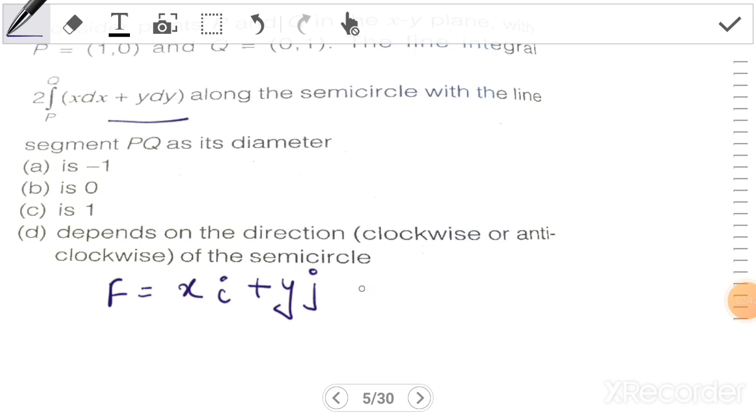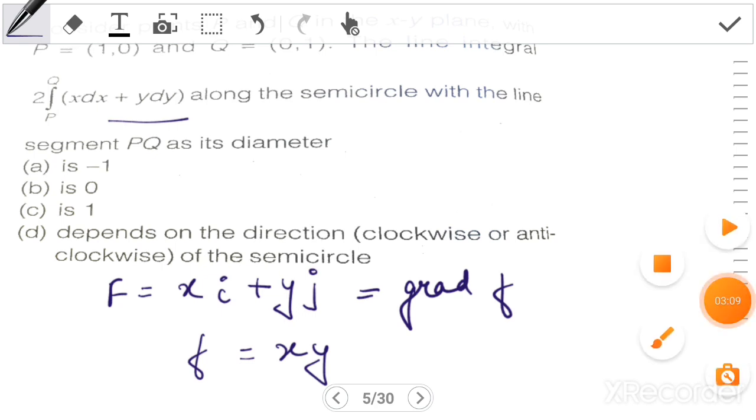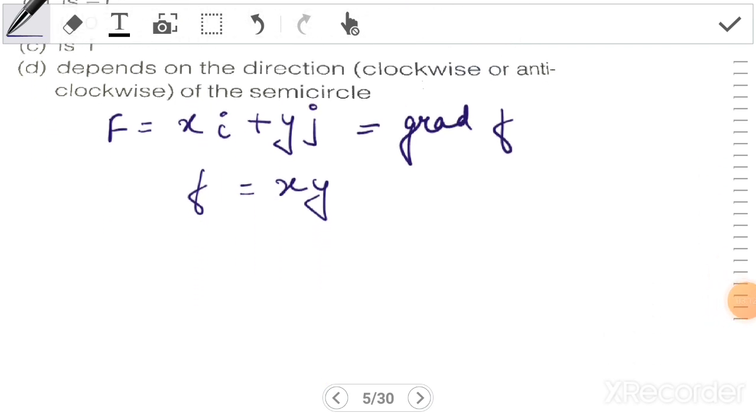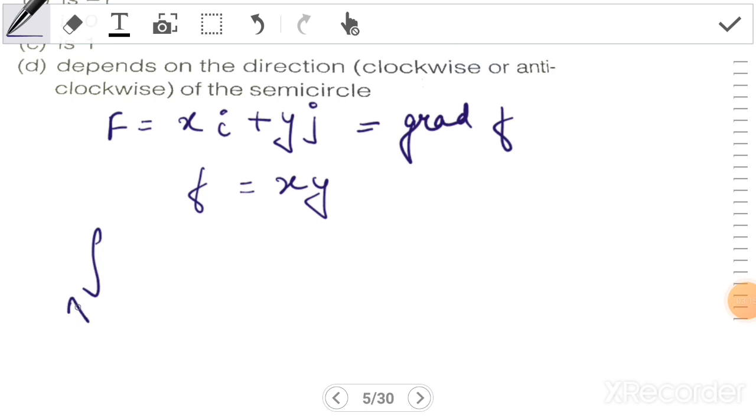Right? So which is equal to gradient f, where f is obtained by integrating, which is xy. So the value of the integral is independent of path. So to solve this, we have the formula f1 dx plus f2 dy plus f3 dz.